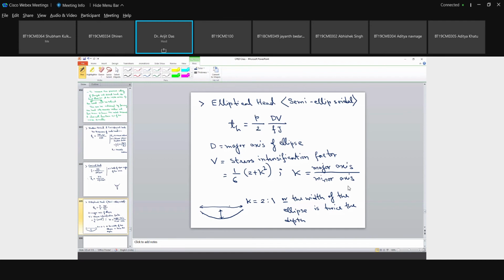And for the semi-ellipsoidal, the value of k is 2. And for the elliptical head, generally the k value should be less than 2.6. If it is not semi-ellipsoidal, the construction should be such that the major to minor axis ratio is less than 2.6.